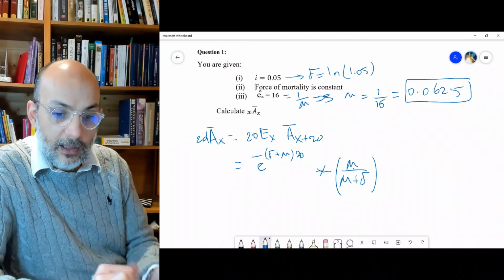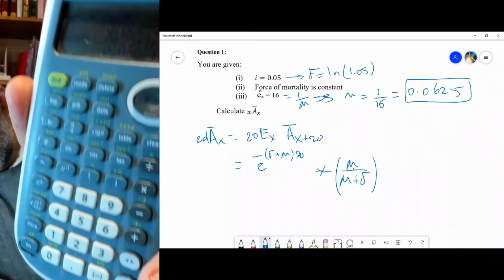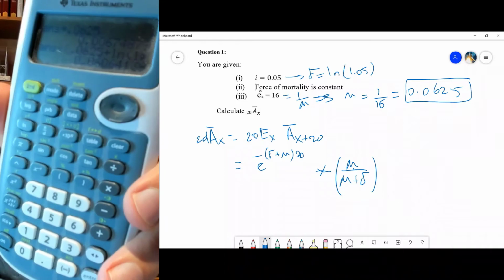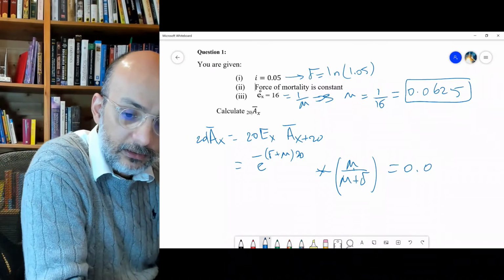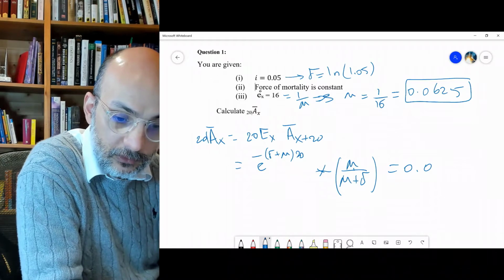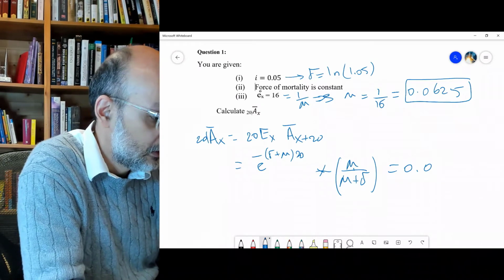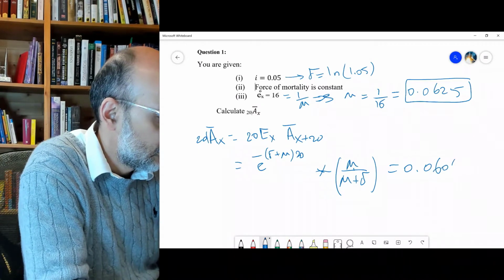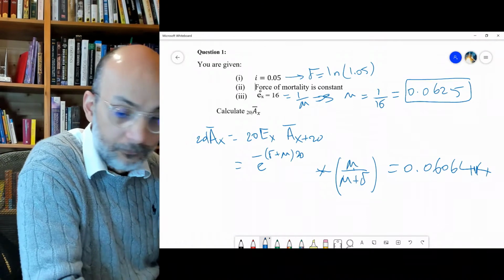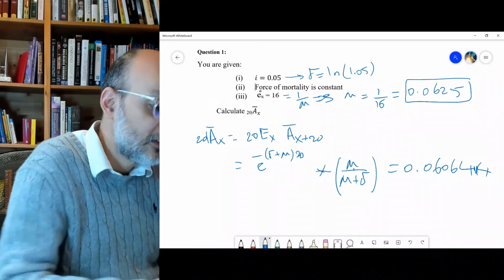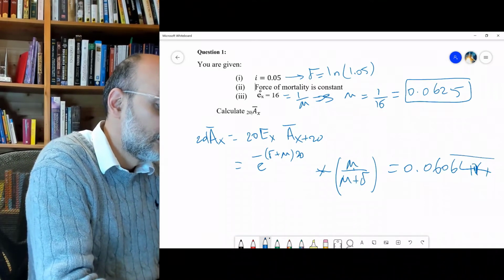If you do that, this is the answer I got. So this will be all at once. You do it in your calculator. 0.60614. And let me check with my answers. It's correct.